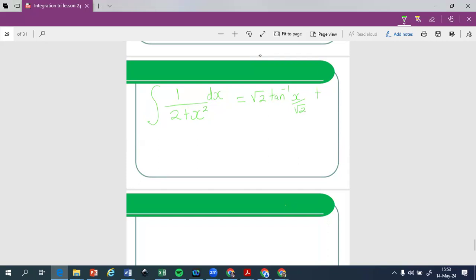Plus what? Root of 2 out of 2. So my answer is root 2 out of 2 tan inverse x out of root 2 plus c.